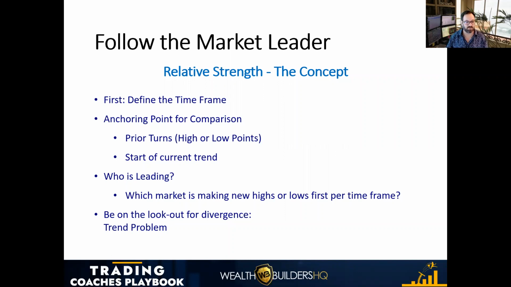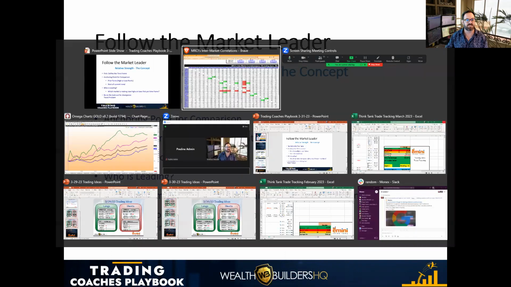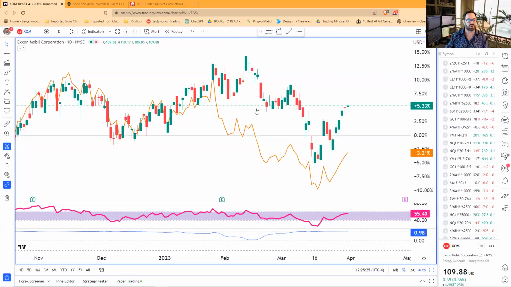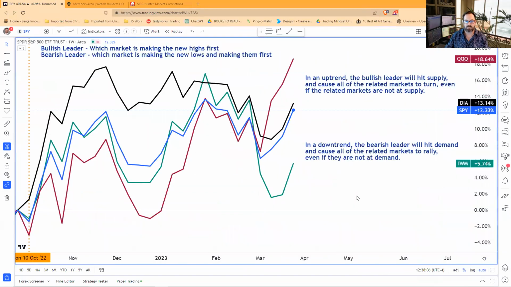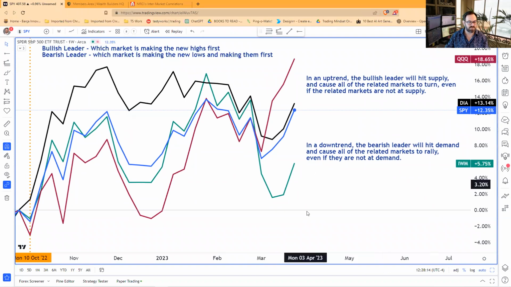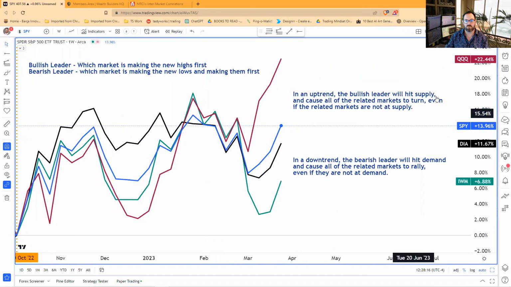So whenever you get that divergence, and you see it back on that chart I was showing you, if I go back to the comparison chart, right here, there we go. Anyway, back to where it was.